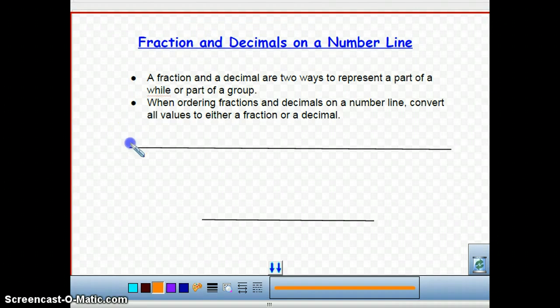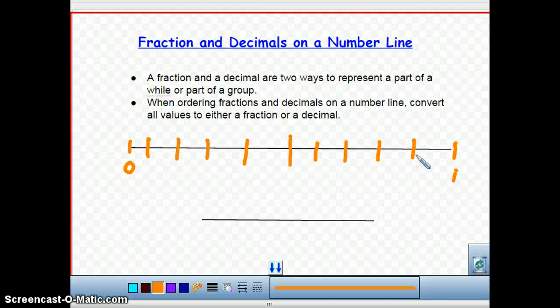So here's my 0, here's my 1, and then I'm going to divide it into 10 equal parts, or as close to equal as I can get. I just want to go over an example of what we talked about yesterday.